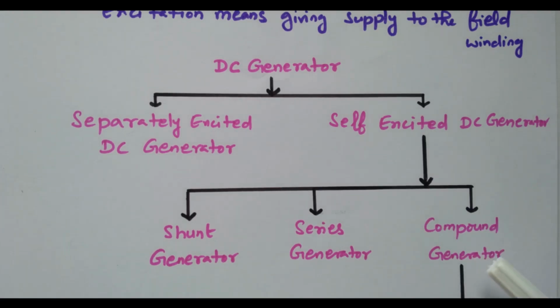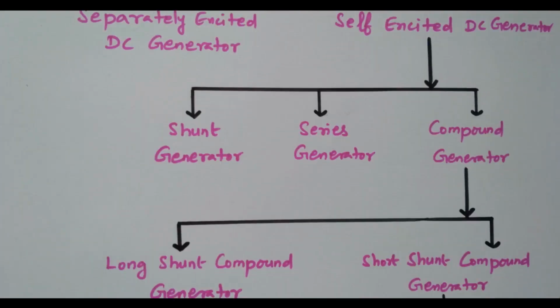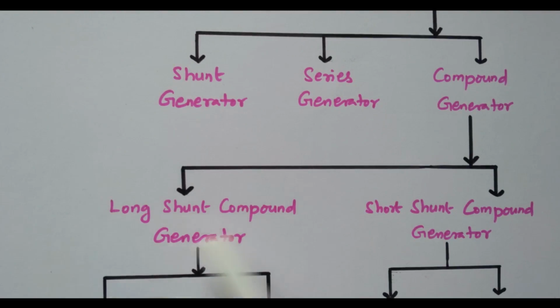This compound generator is again classified into two different types, long shunt compound generator and short shunt compound generator. Short shunt means the shunt winding is connected immediately to the armature, and thereby the series winding is connected. Long shunt generator means the series winding is connected immediately to the armature, and the entire circuit is connected in series with the shunt winding, the shunt field.